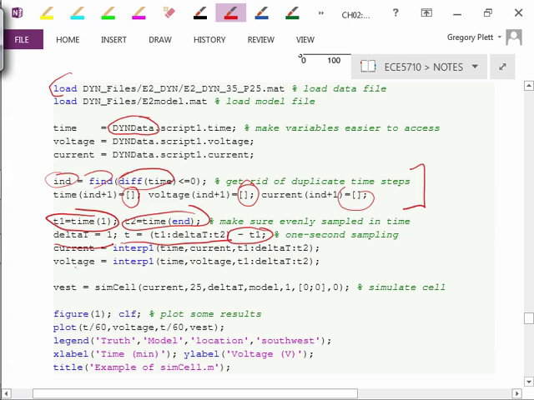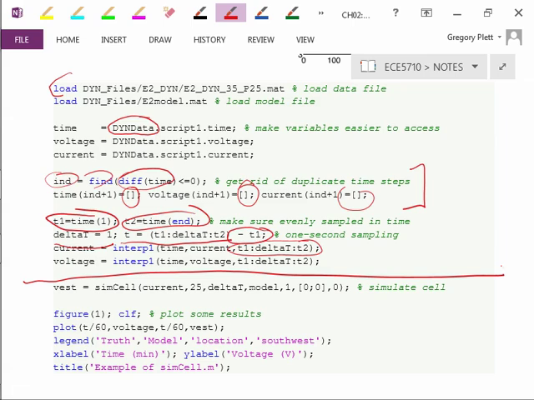And then I get current and voltage by linearly interpolating the original data set at even 1 second increments. So all of that is loading data and conditioning data so that it meets the assumptions of the constant sample rate and that there's no repeat entries, and it's ready to simulate.